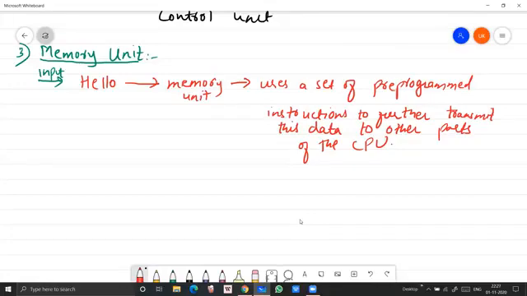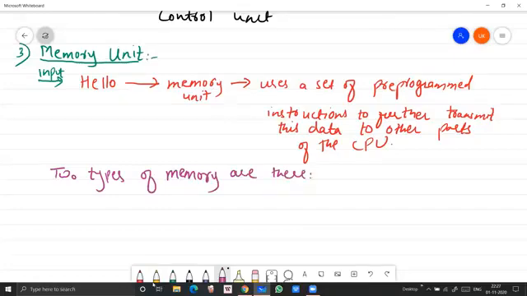Now the memory unit again is of two types. There are two types of memory. Can you guess? RAM, ROM? No. Before that, we have the types of memory as primary memory and secondary memory.